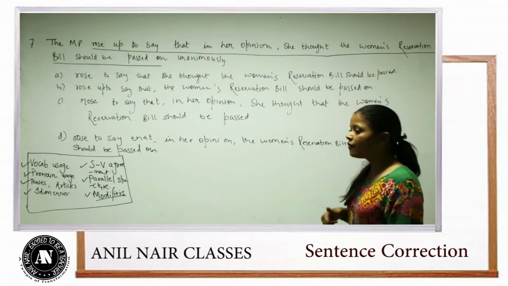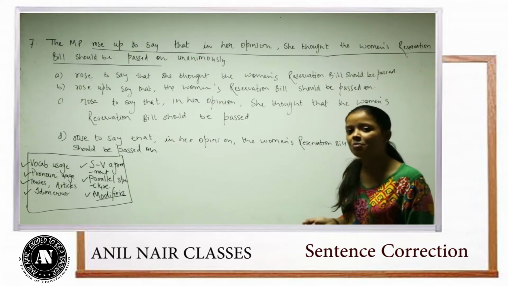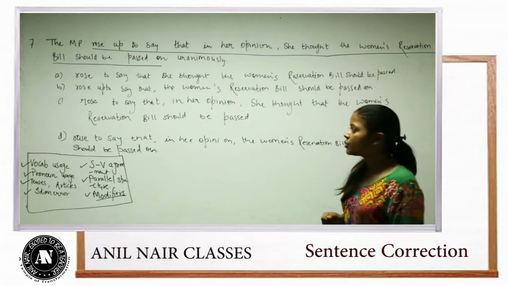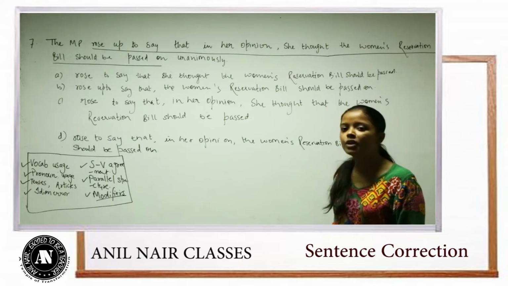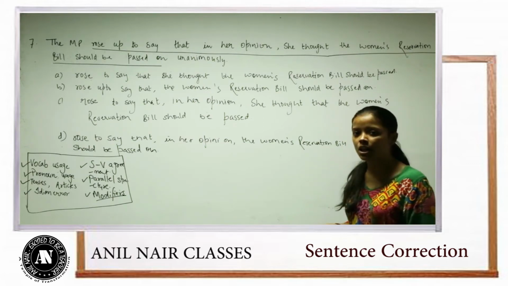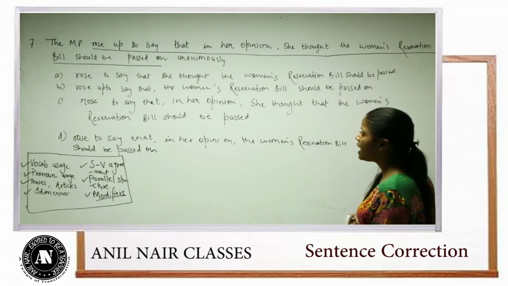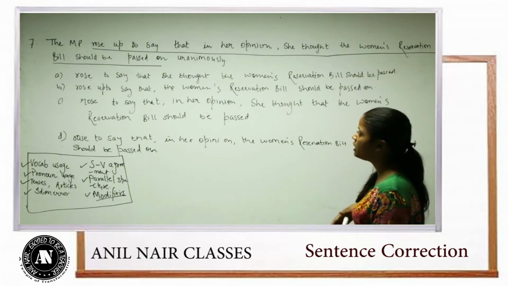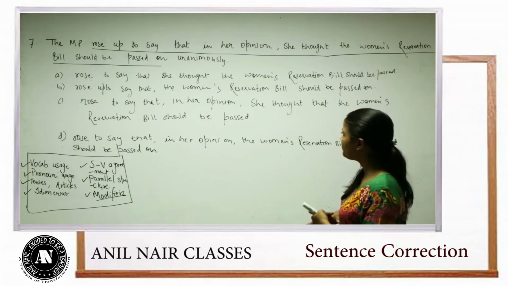As I said, when you see a verb with a preposition, it is an idiom. So here you see the usage of idiom, not particularly vocabulary. So let us see if the idiom is used correctly here. See if we can say rose up and if we can say passed on unanimously.